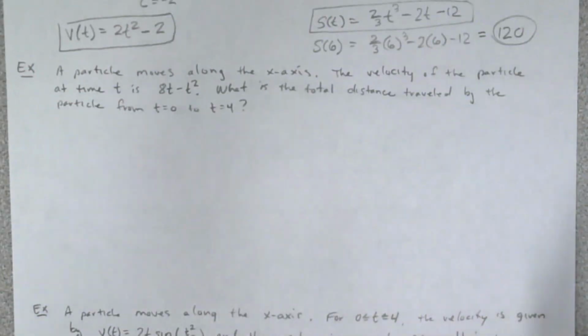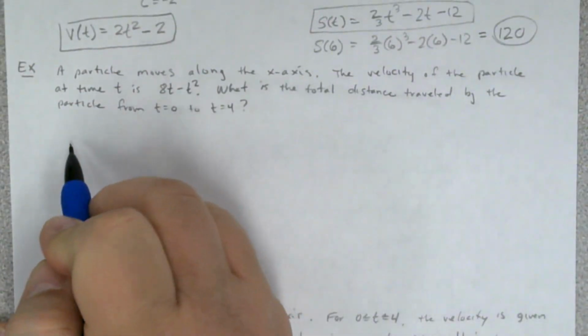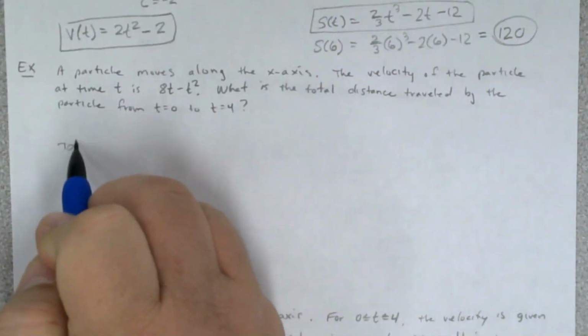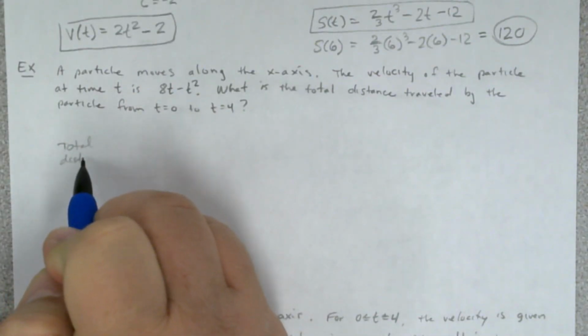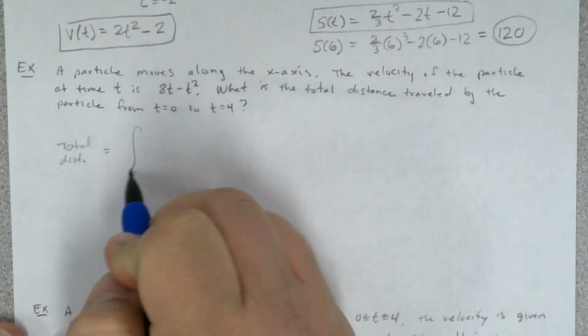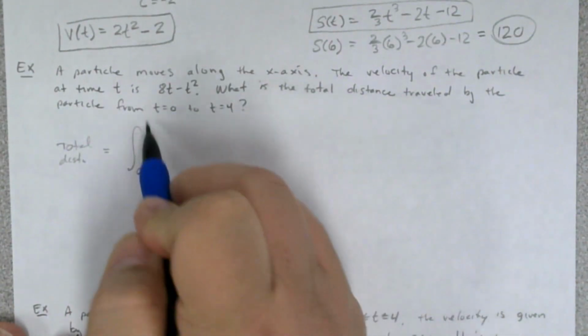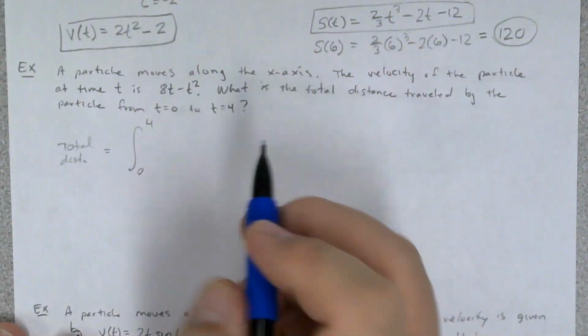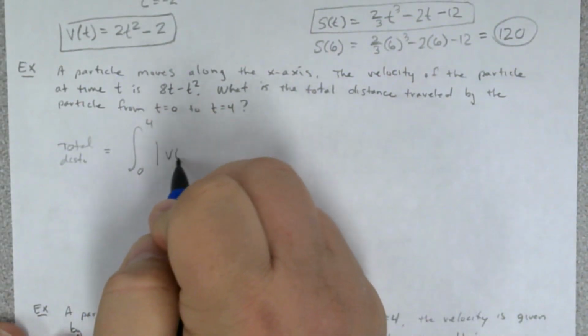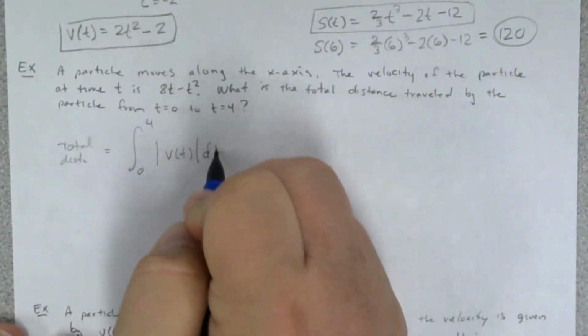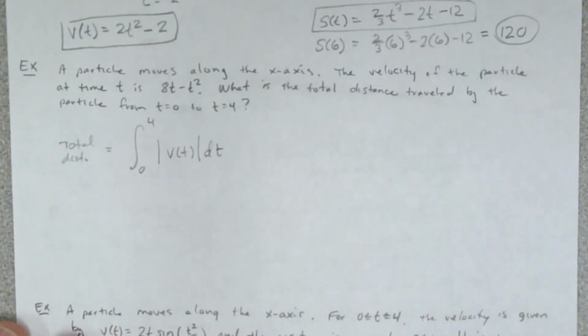So total distance, that's pretty straightforward. Write your formula down. Your total distance is the integration from 0 to 4, because they said from 0 to 4, of the absolute value of the velocity function. That is your total distance traveled.